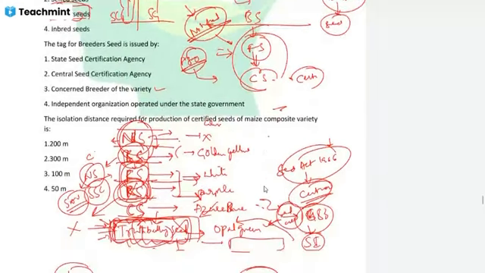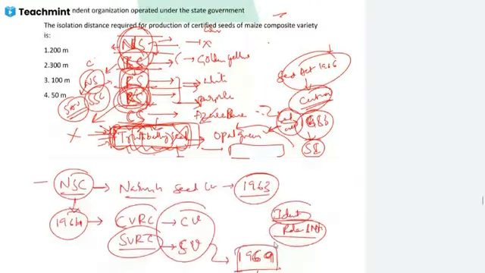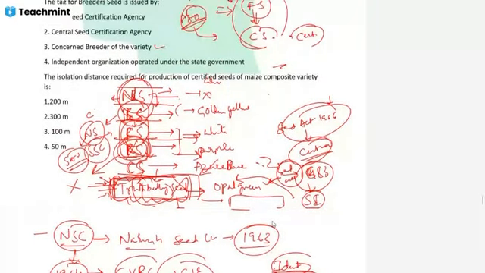Okay, this is done. The next question is, what is the isolation distance required for production of certified seeds of maize composite variety? Can you tell me the answer? It's 200. Very good.